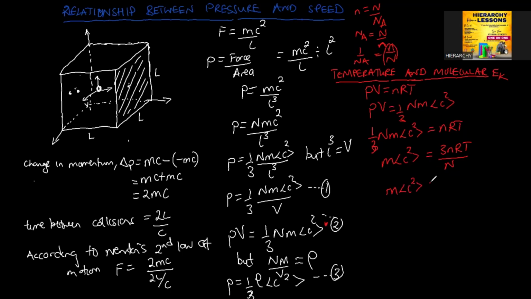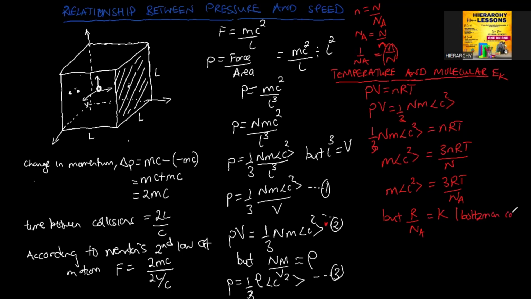So we have mc squared is equal to 3RT over Na, the Avogadro constant. And R over Na is equal to k, which is called the Boltzmann constant.